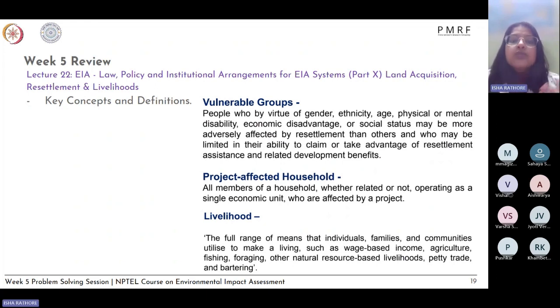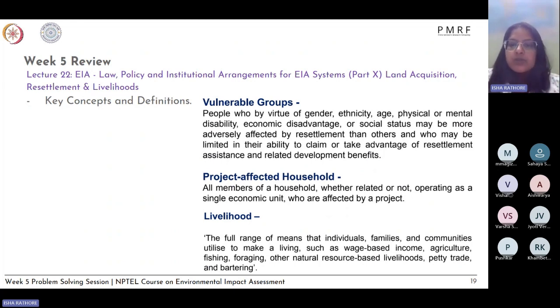So those are vulnerable groups which are more adversely affected than other groups of people because they are disadvantaged in terms of certain characteristics, either their gender or ethnicity or all of these other parameters. So they are more adversely affected by any sort of change from the normal which they have accepted or gotten used to.